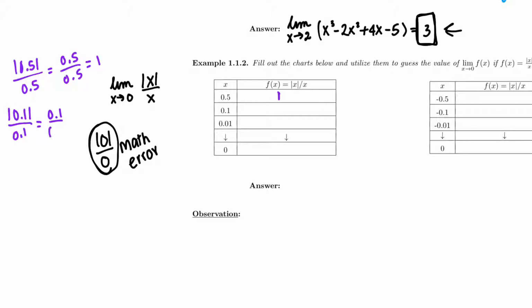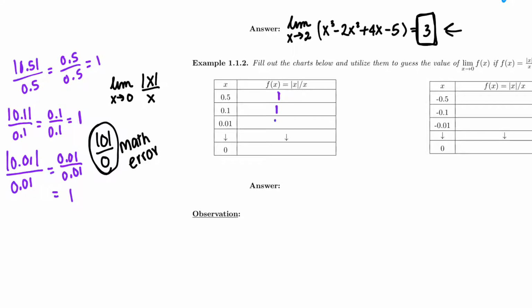The absolute value of 0.1 is 0.1, and 0.1 over 0.1 is 1. The absolute value of 0.01 over 0.01. So the absolute value of 0.01 is 0.01 over 0.01.